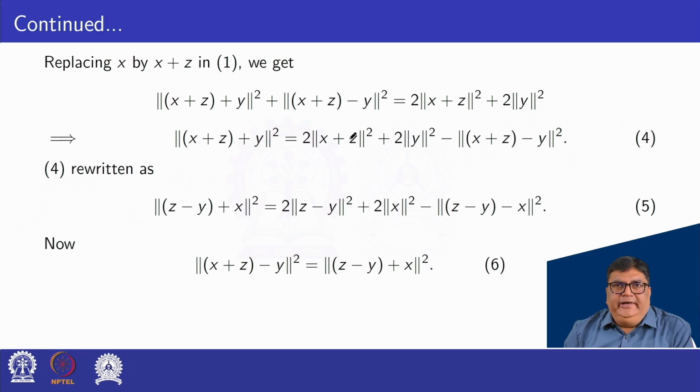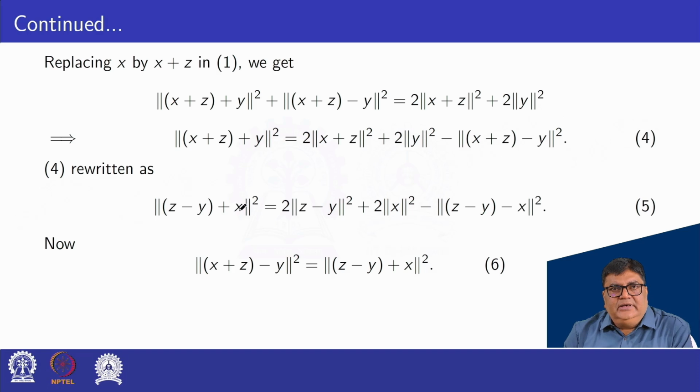Equation 4 rewritten as the square of the norm z minus y plus x square. Here the first term, 2 into norm of x plus z square. So in this, here first z minus y. So on the right side, 2 into norm of z minus y square. And the second term, here 2 into norm of y square.